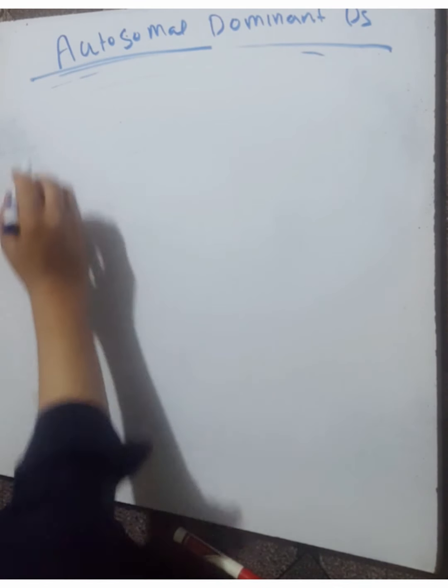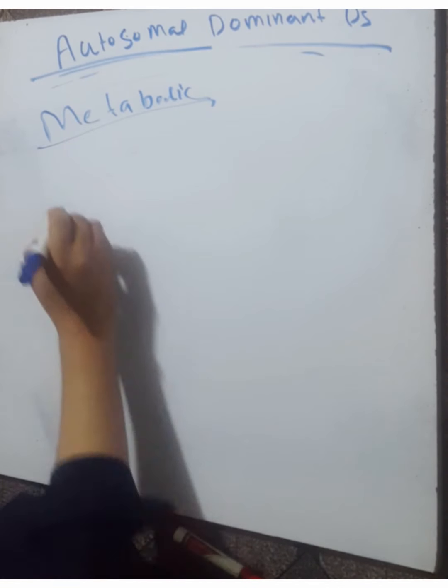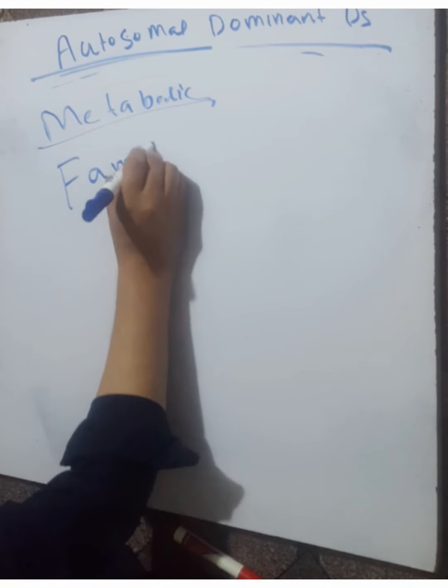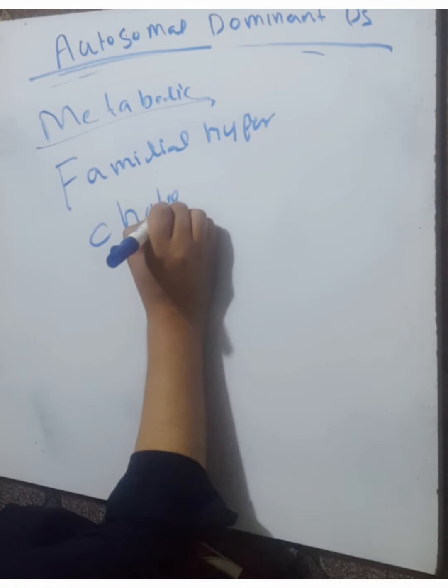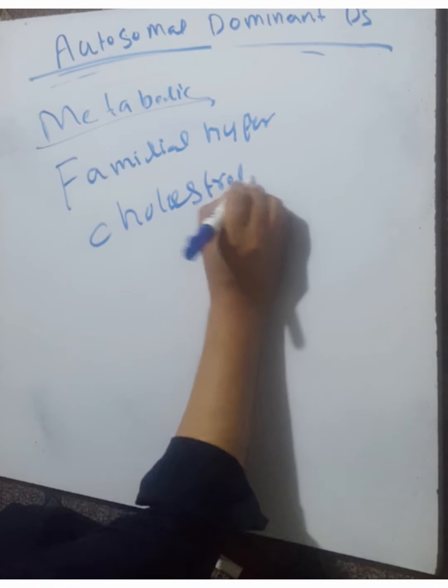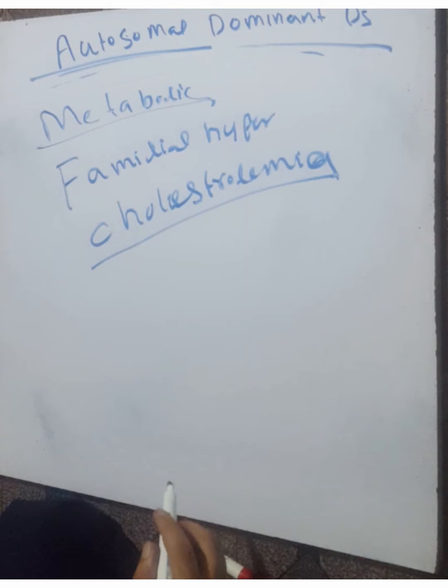The metabolic disorders that are autosomal dominant: examples are familial hypercholesterolemia and acute intermittent porphyria. In familial hypercholesterolemia, there is a familial disorder with a high cholesterol level, and this is an autosomal dominant disorder.